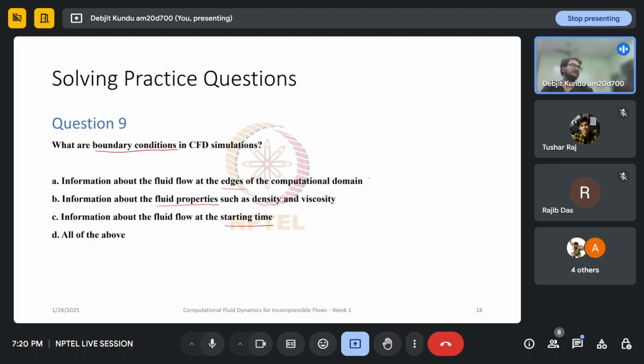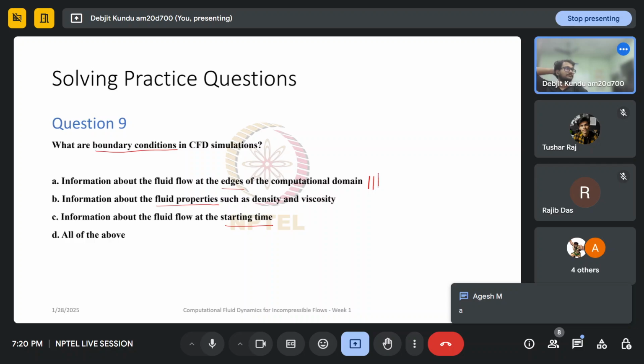We already have one response in favor of option A. Let's see what others have to say. Option A again. Anyone else? What are boundary conditions? Okay, we have another option A.